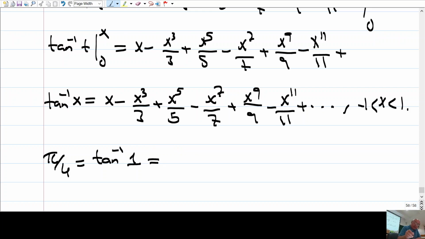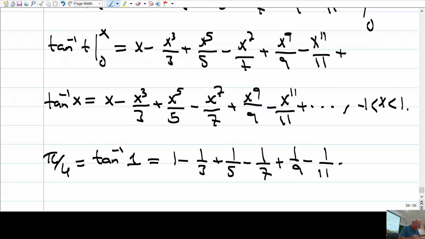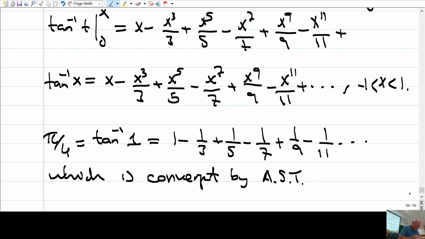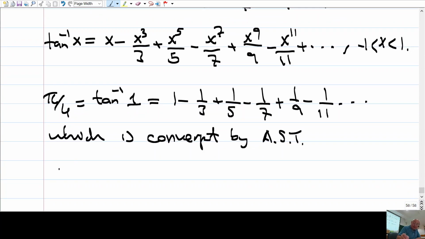And when we plug in x equals 1, we get 1 minus 1 over 3 plus 1 over 5, 1 over 7, 1 over 9, 1 over 11, and so on. Is this convergent? This is convergent by the alternating series test. Why is that? Let's check.